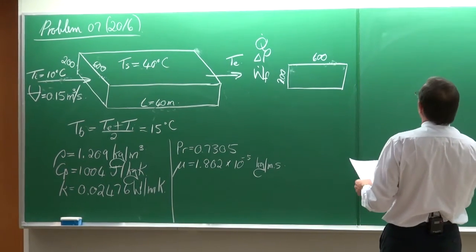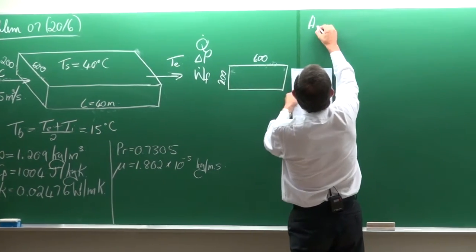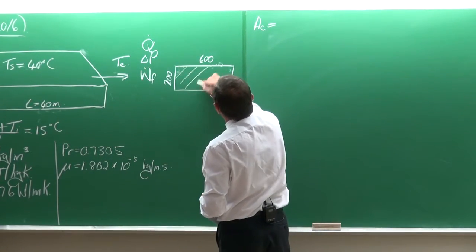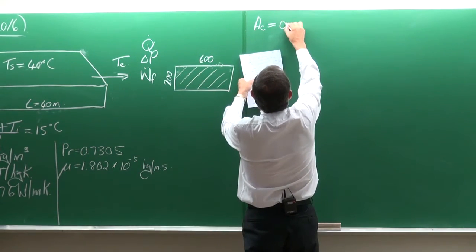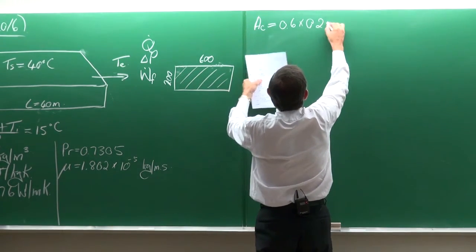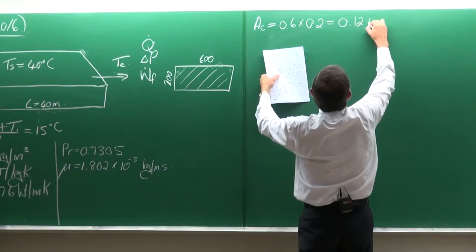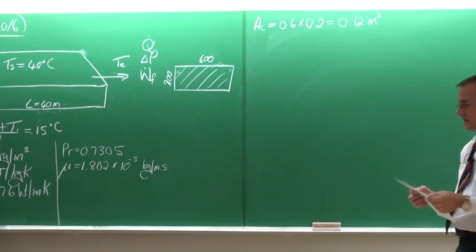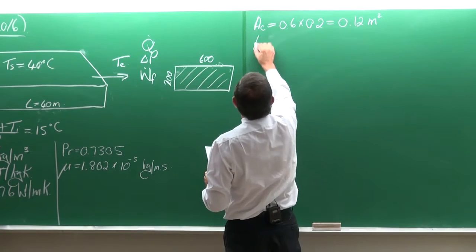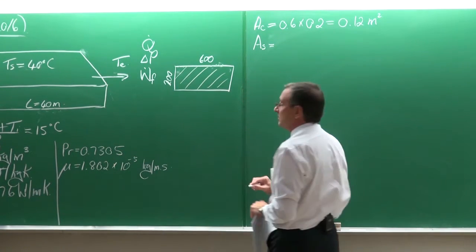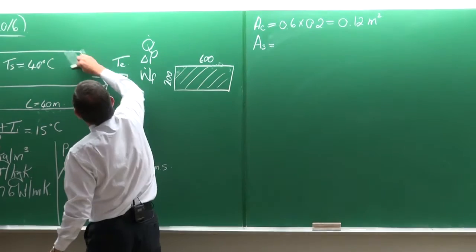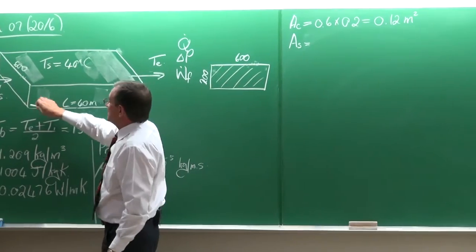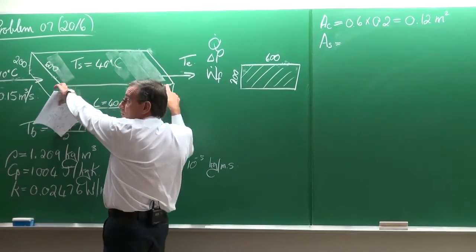Right, now let's look at other things that we are going to maybe need. The cross-sectional area in this case would be equal to 0.6 multiplied by 0.2, which is equal to 0.12 square meters. The surface area for heat transfer would be this outer surface, so it is the perimeter multiplied by the length.